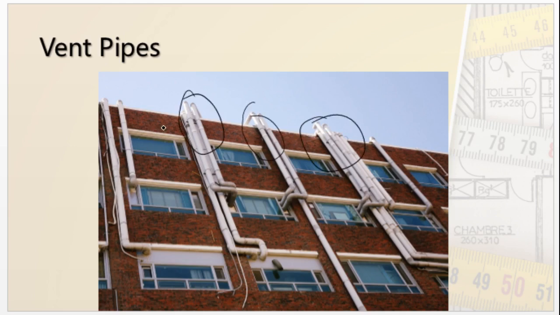Because of the aesthetic point of view, we generally use vent pipes within the building nowadays, not outside the building, as it will look not aesthetic if we see them from the outside. So these vent pipes will be within the building nowadays.